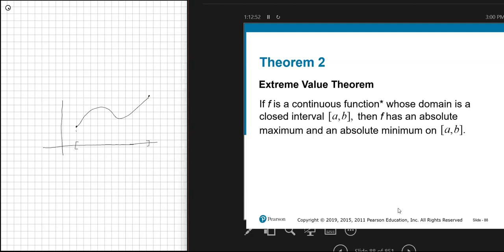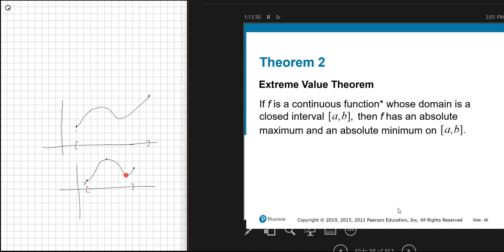But what if we had a graph where that wasn't the case? So we're coming from this point to this point. Right here, we have an absolute maximum, which is also a local maximum. At this point here, we have an absolute minimum, and this point is not a local minimum.